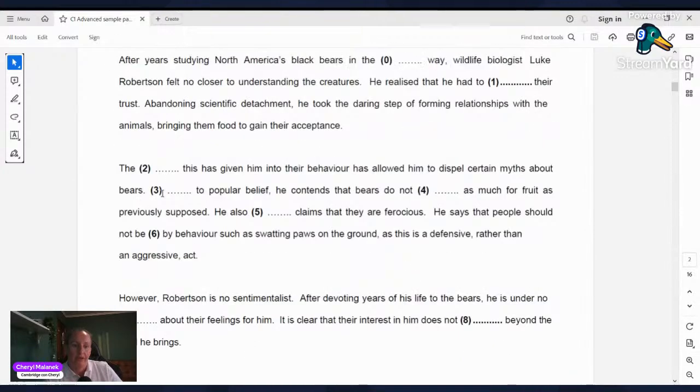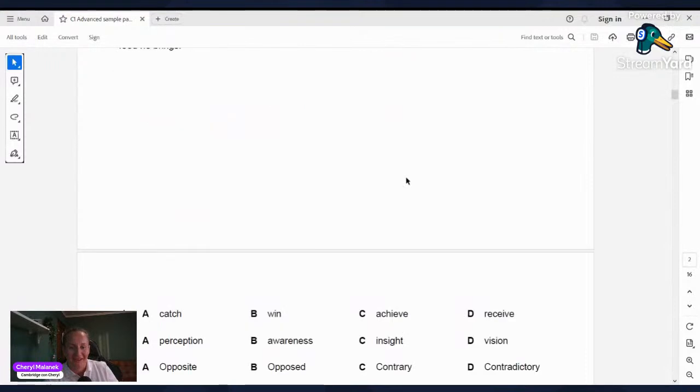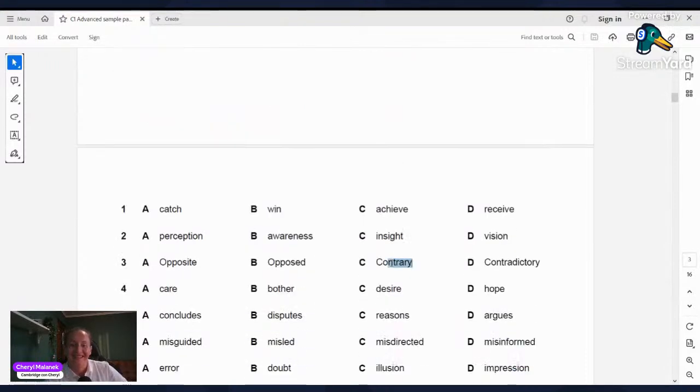Like, for example, this one here, number 3, contrary to popular belief. It's a fixed expression. I hope it's there now that I've said this. Yes, it is: contrary to popular belief. Okay, so by learning expressions and chunks of language rather than just individual words, it's going to help you a lot with this part of the exam.